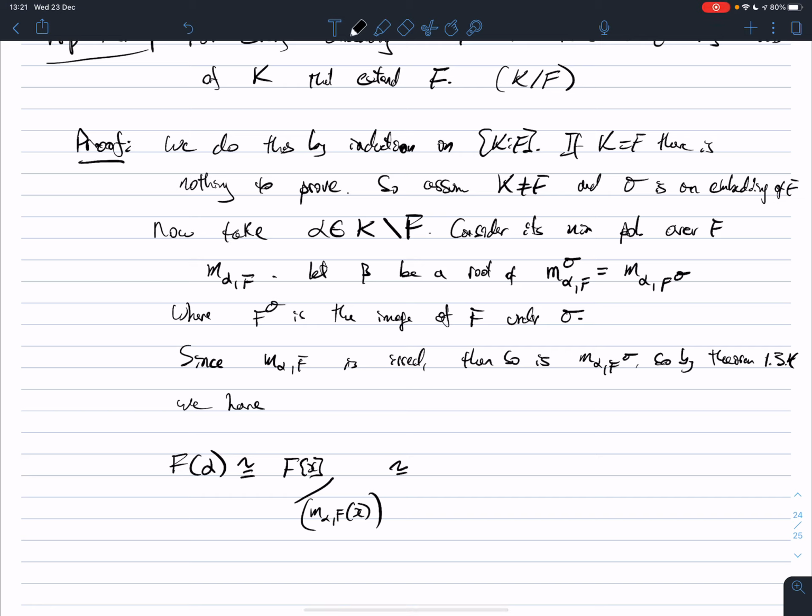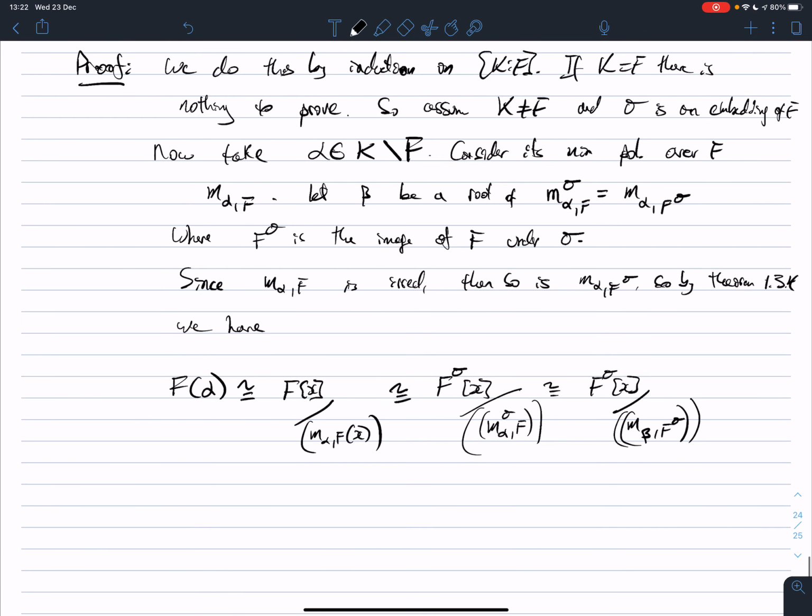Now, by using my embedding, this is the same as F^σ[x], the polynomials in F^σ, divided by m_α^σ, which is isomorphic, by this equality and the fact that β is a root of this polynomial, to F^σ[x] modulo m_β,F^σ.